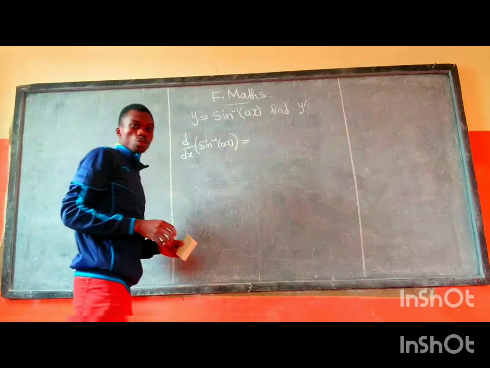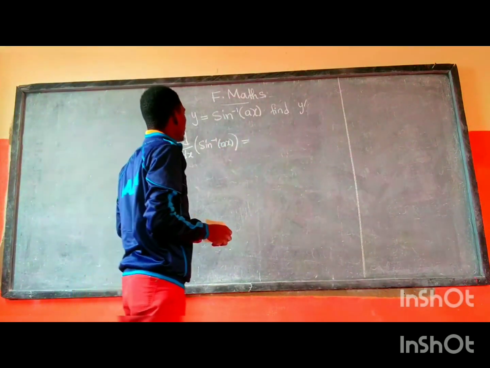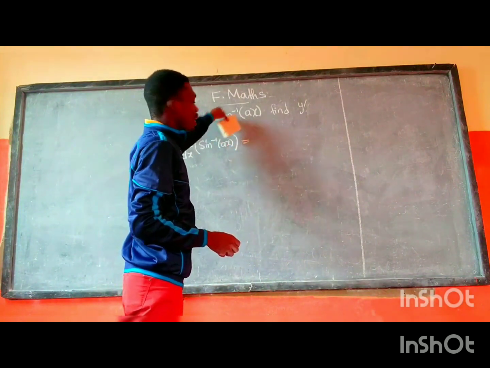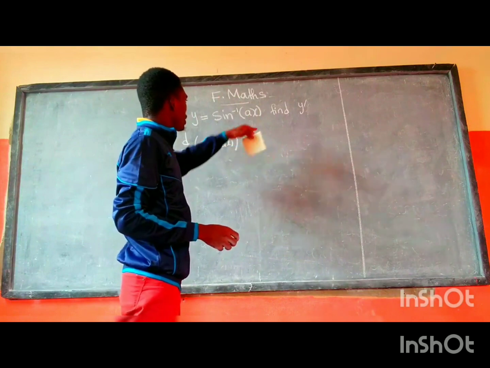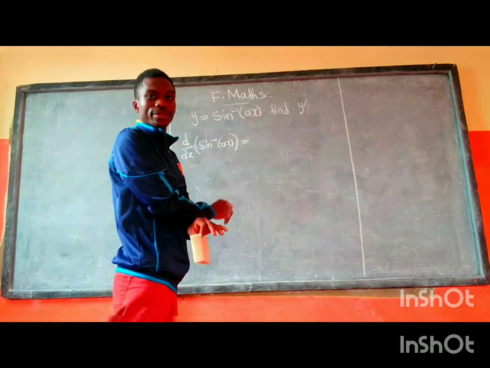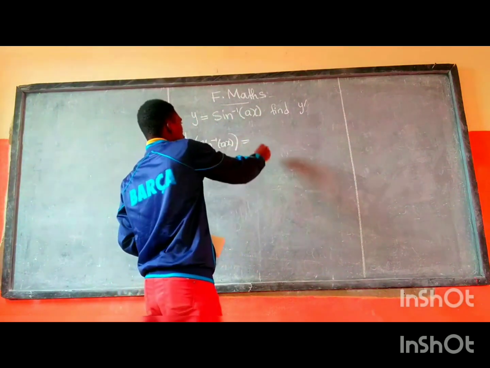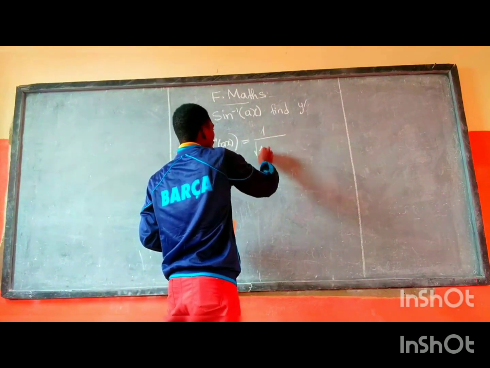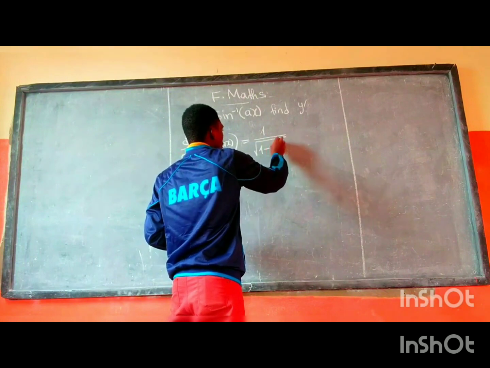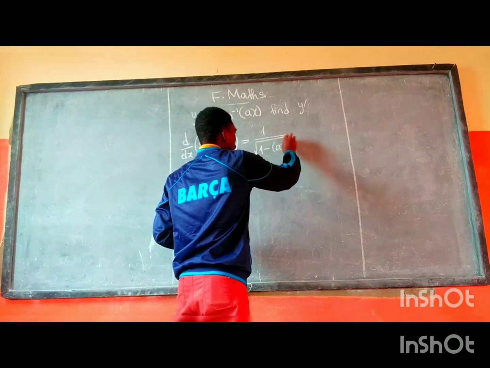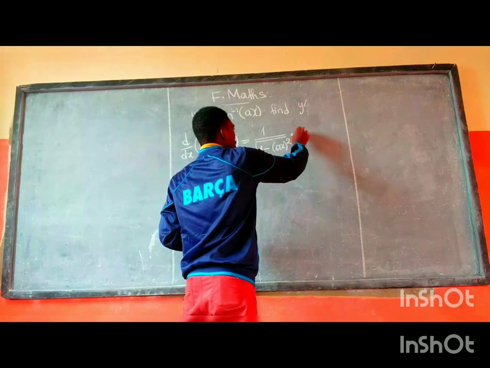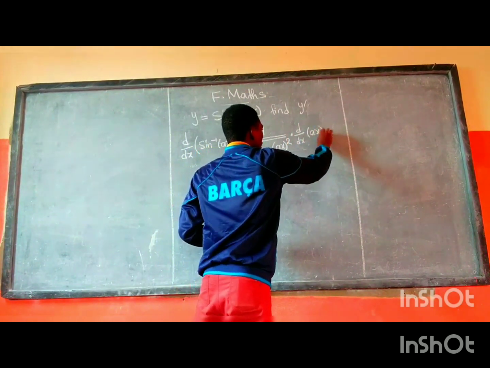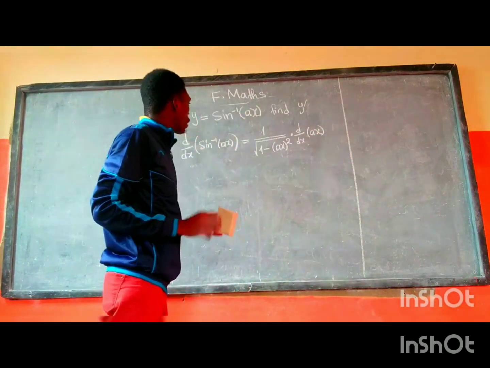Applying the chain rule, the derivative of sine inverse of ax will be equal to the derivative of the sine inverse function times the derivative of ax. So it is going to be 1 over the square root of 1 minus ax all squared, times the derivative of ax with respect to x. Good.